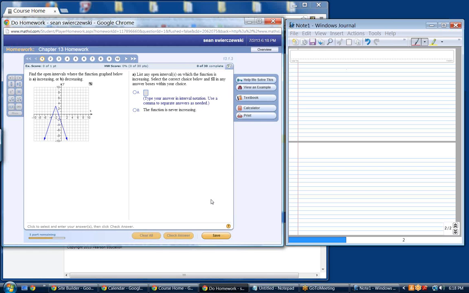Find the open intervals where the function graph is increasing or decreasing. What's the interval where it's increasing?